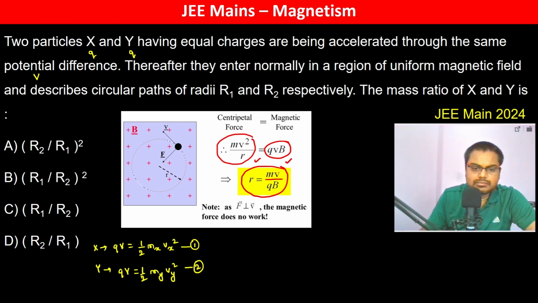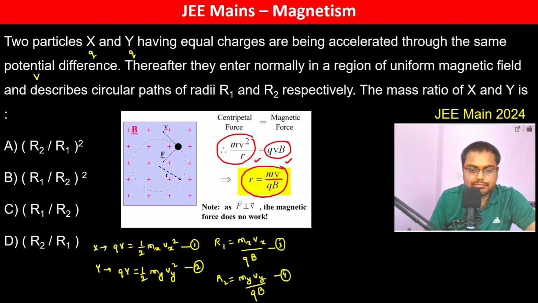Now since radius equals mv by qb, we can clearly write that r1 is equal to mx vx divided by q into b, and r2 is equal to my vy divided by q into b. This is third and this is fourth.